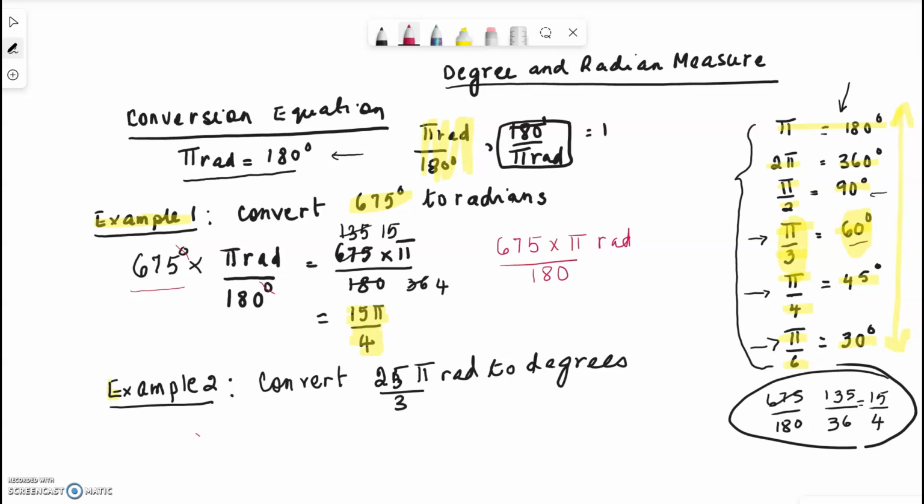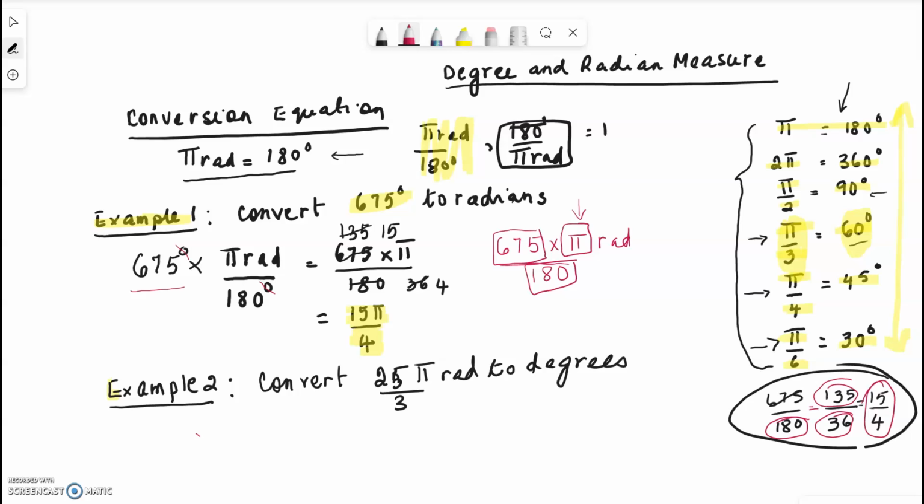So this is your answer, but you have to simplify the fraction. Leave the pi alone. When you're measuring something in radians, just leave the pi alone. Reduce this fraction 675 over 180 completely. 5 goes into 675 135 times, and 5 goes into 180 36 times. So you get 135 over 36. And then, of course, 15 over 4, because 9 goes into both 135 and 36.